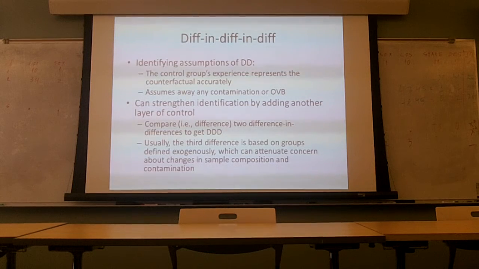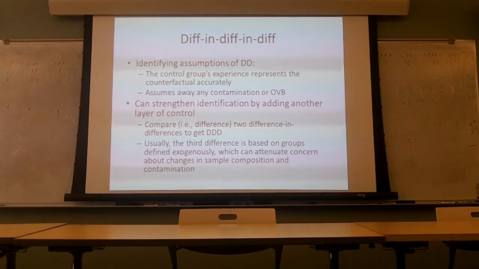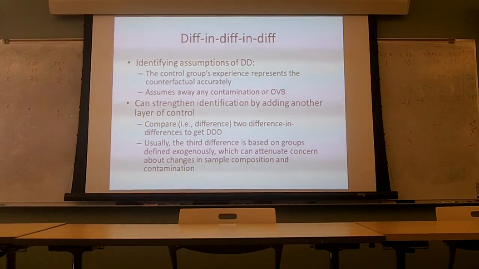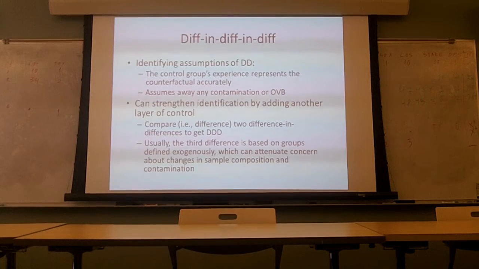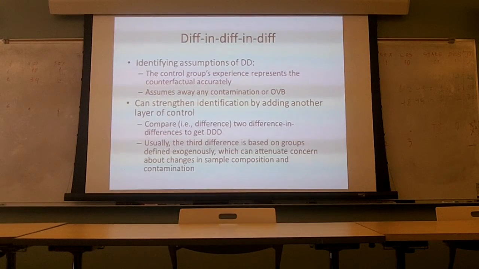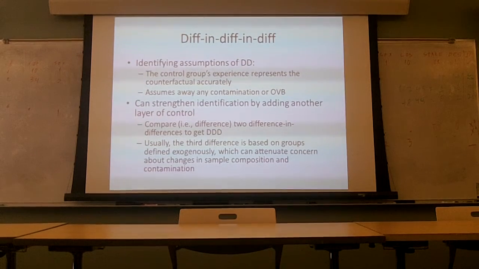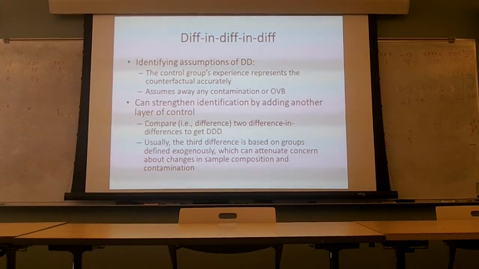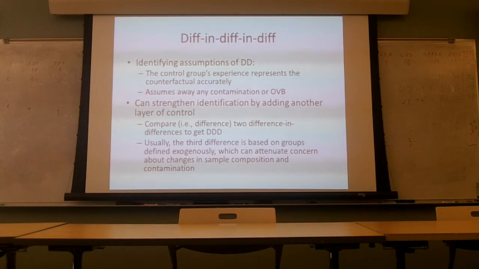The typical example is that state level policies affect some specific subgroup. We can then compare within states: a state policy versus a control state, pre-policy adoption versus post-policy adoption, and then within state, the subgroup that was affected versus the subgroup that wasn't affected.